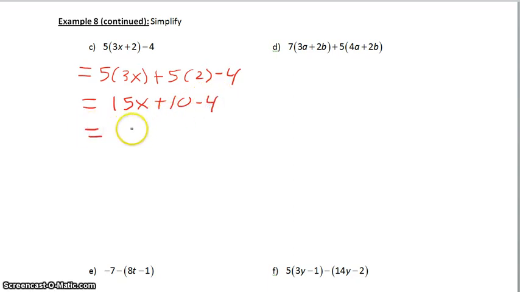Now we combine the like terms. We bring down 15x, and we have 10 minus 4, which is a positive 6. Now we go on to D.